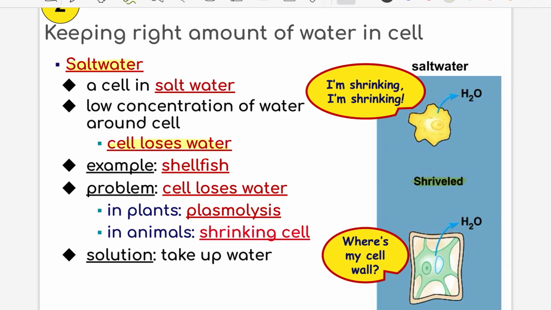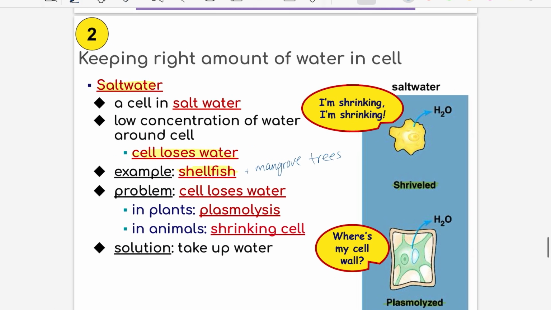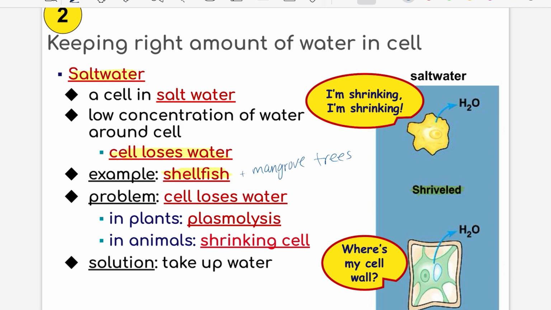Some animals that this happens in are shellfish, like clams and oysters and whatnot. There are also mangrove trees.